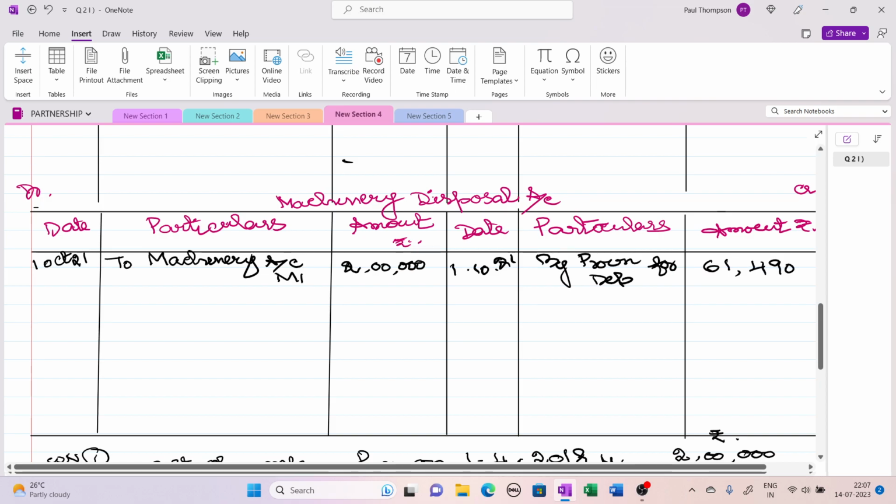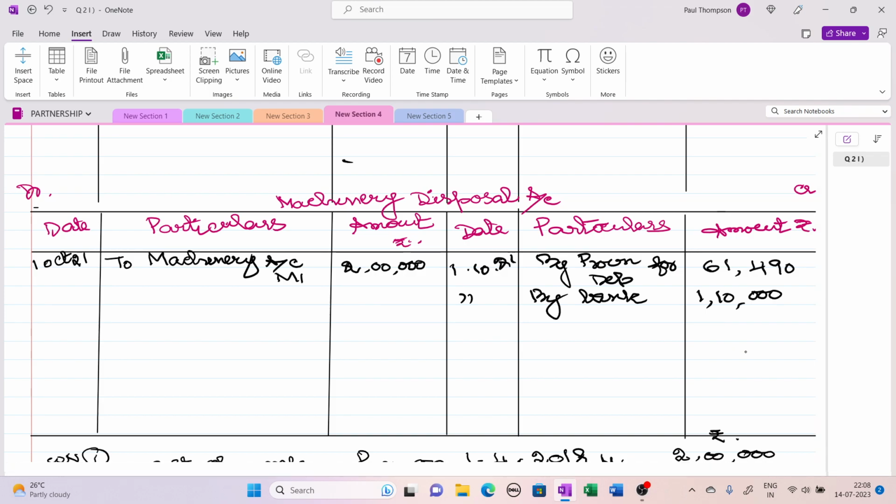Now we know that we have disposed it on that same day, so we got the money by bank, we got the money on disposal 1,10,000. So what is the balancing figure? Already we have worked out 61,490 plus 1,10,000. We got it, but the book value was something else.